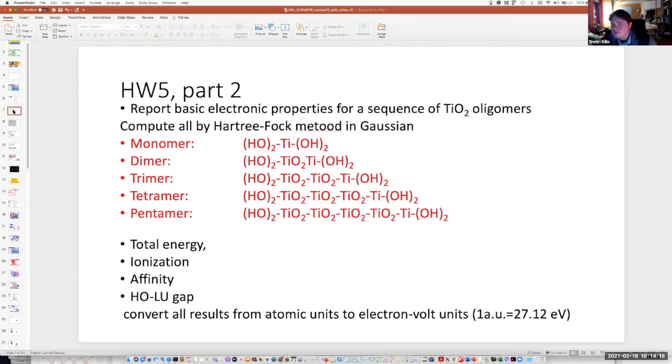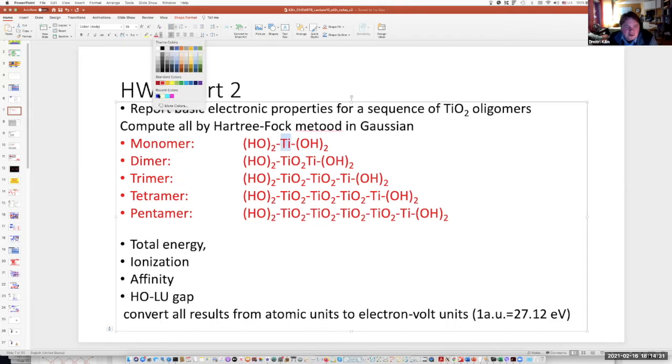So before we go to this boring lecture material, I would like to explain what this means. So monomer, dimer, trimer, tetramer, pentamer. We count how many titanium atoms are in the model. First model, 1 titanium. Second model, 2 titanium. Third model, 3 titanium.